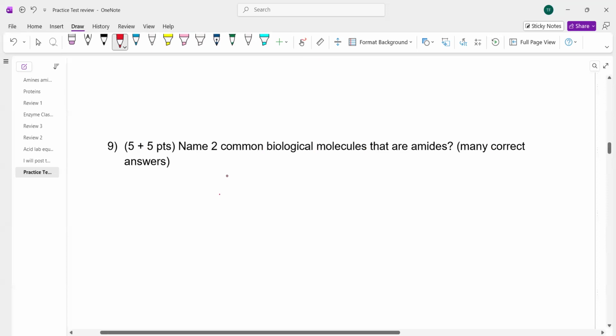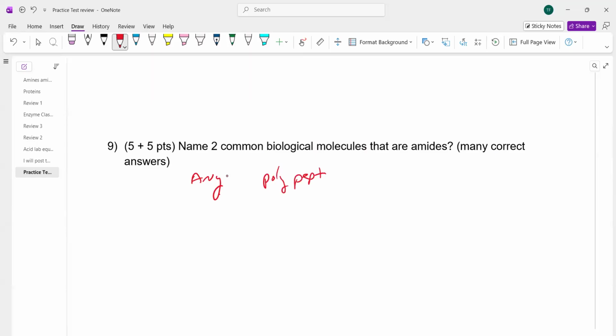Okay, so name two biological molecules that are amides. Any polypeptide like insulin, protein, enzyme, like lactase, for example, protease, lipase. Any protein, all those are polypeptides.